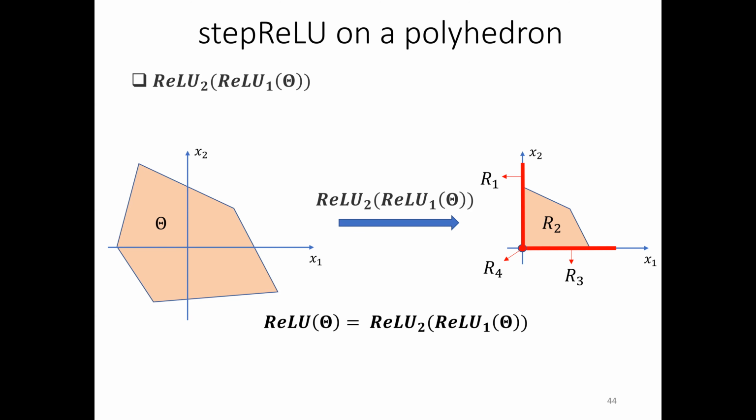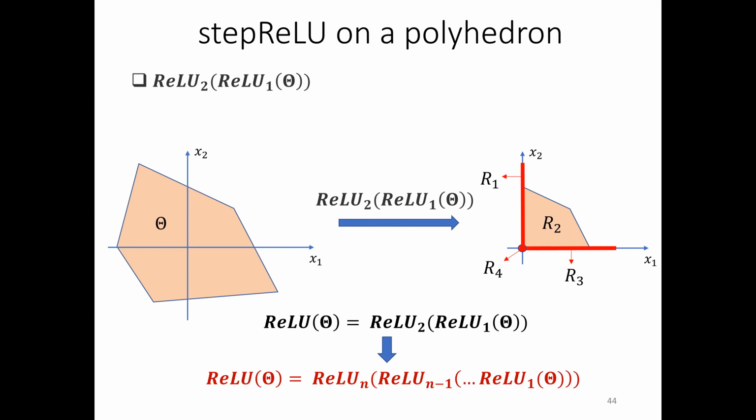And you can see that the number of polyhedrons explodes exponentially when you execute a sequence of step ReLU operations, right? So in general, when you have an n-dimensional polyhedron, then the ReLU operations can be done by performing a sequence of step ReLU operations on all dimensions. Okay, that's how we do the generalization.